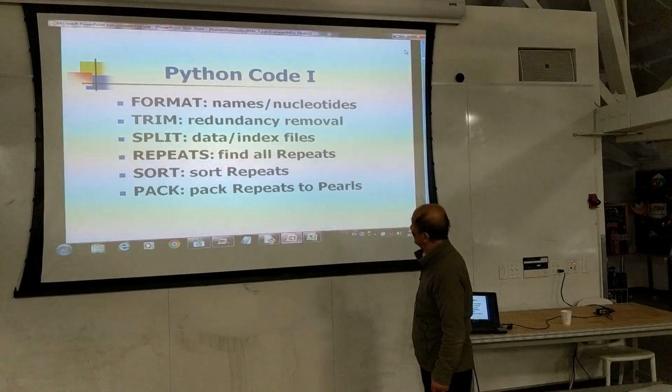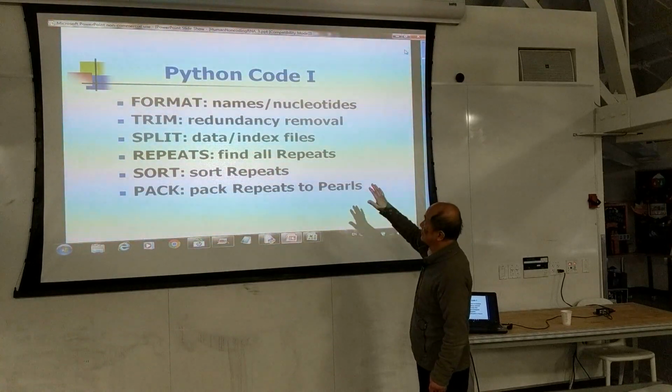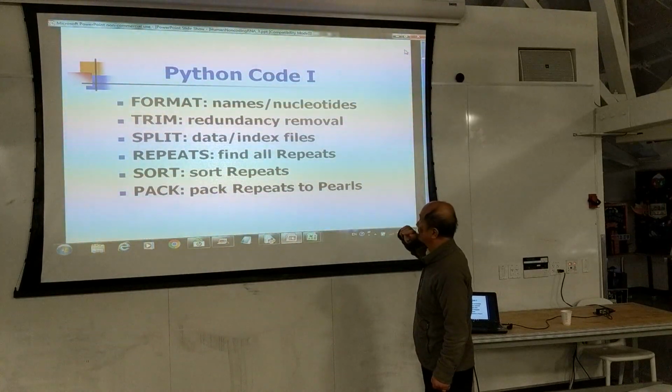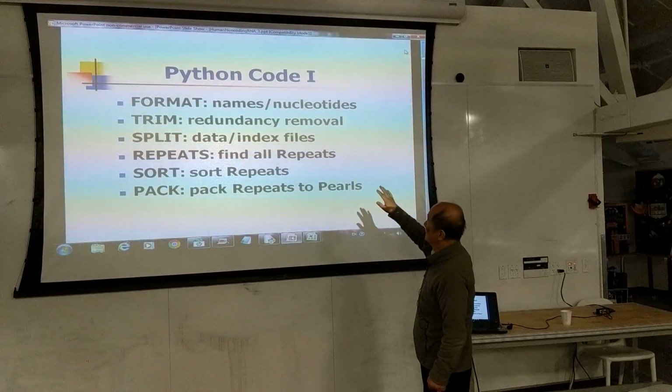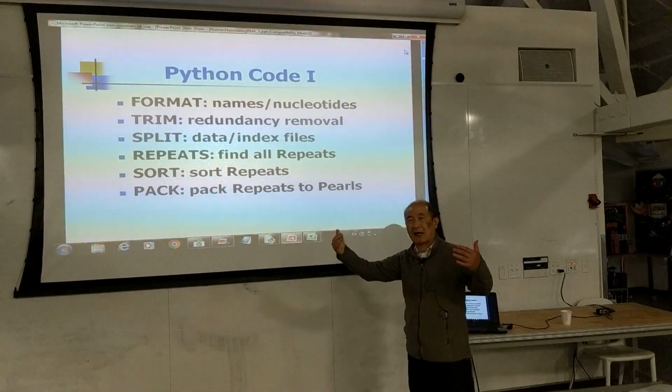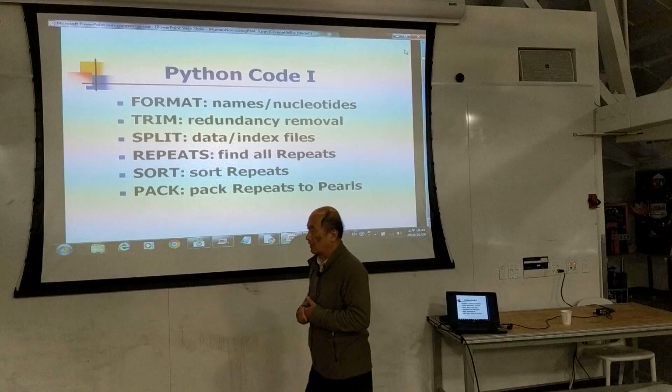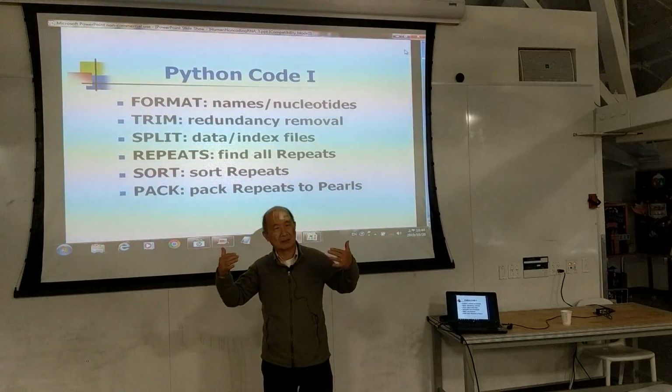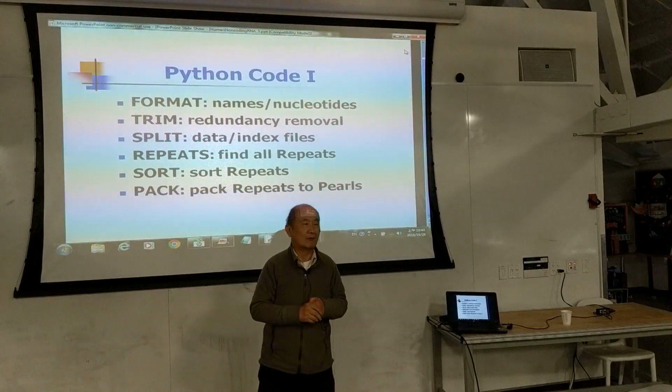So the first routine is format. We have genome files in what we call the FASTA format, and it is basically a text file.